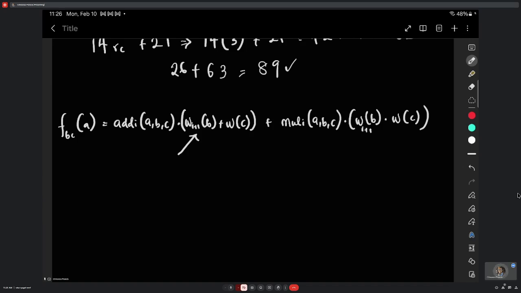So this WI plus 1 evaluated at B. The verifier has sent randomness, so we have WI plus 1 evaluated at RB, which is the random value, and this other guy will be WI plus 1 evaluated at RC. So these are the two claims we now need to prove.